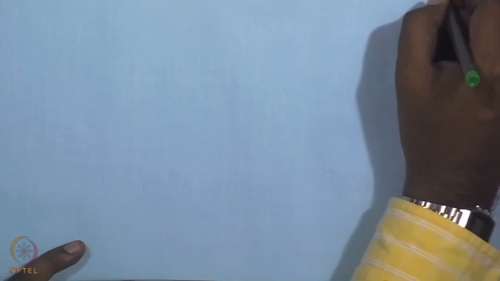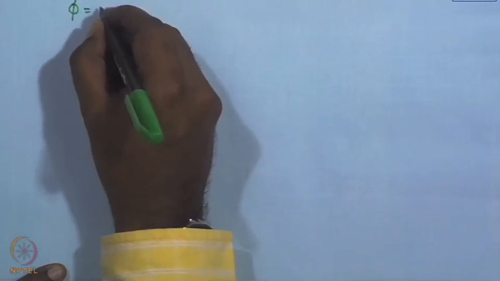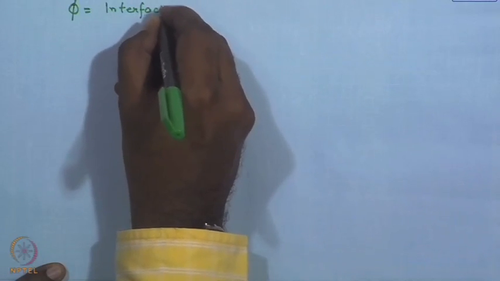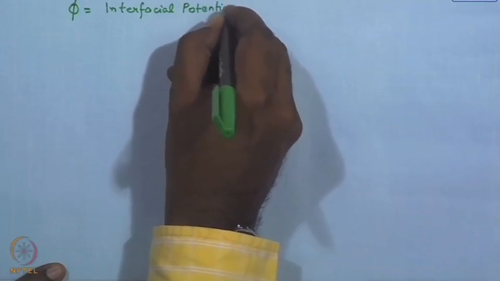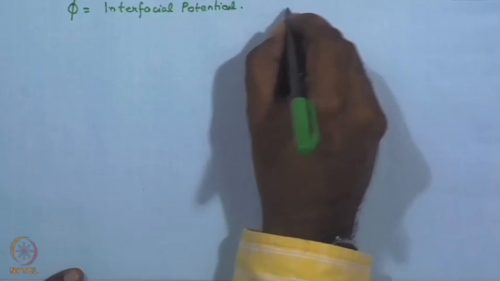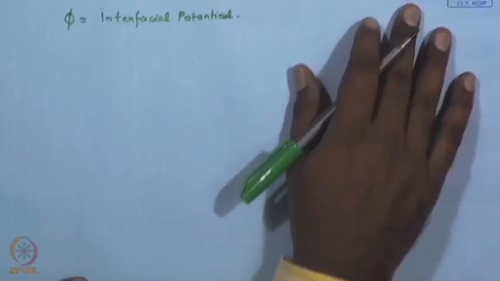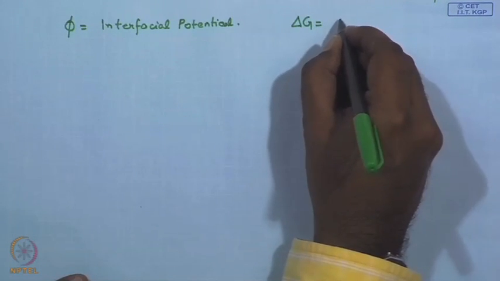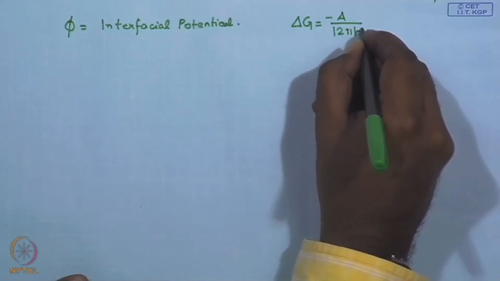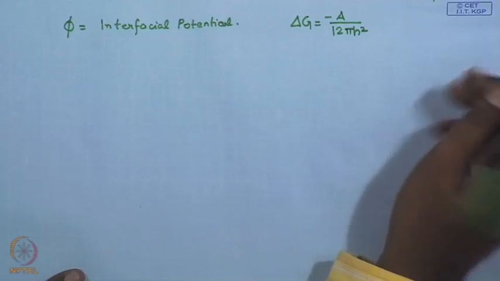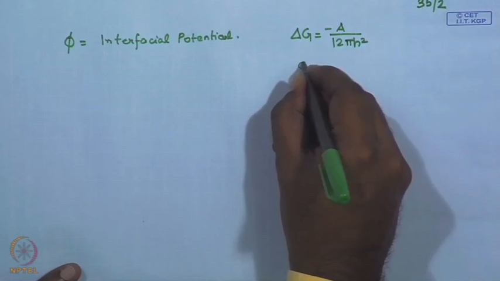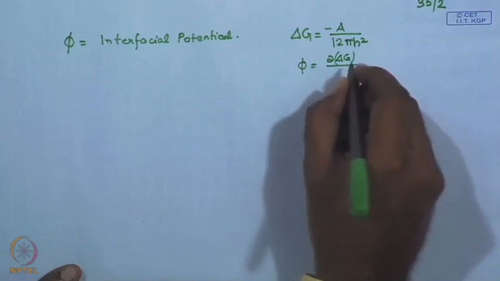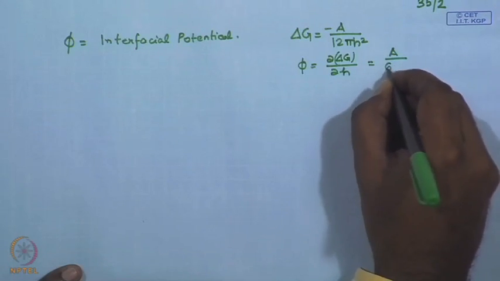Okay. Now, what is phi? It is the interfacial potential, and which we have seen, considering the excess interfacial potential and from an expression of del g is equal to minus A divided by 12 pi h square, which comes from considering the interfacial van der Waals interaction, we already have obtained an expression of phi, which is A by 6 pi h cube.